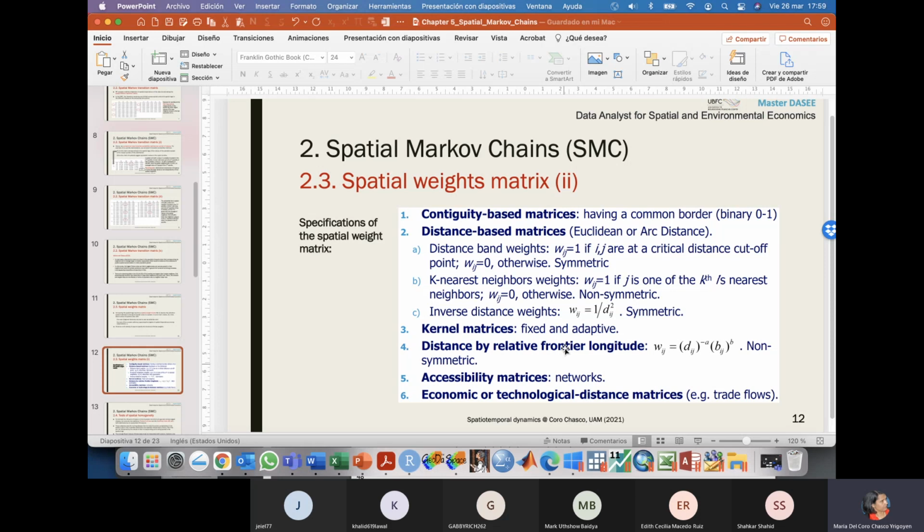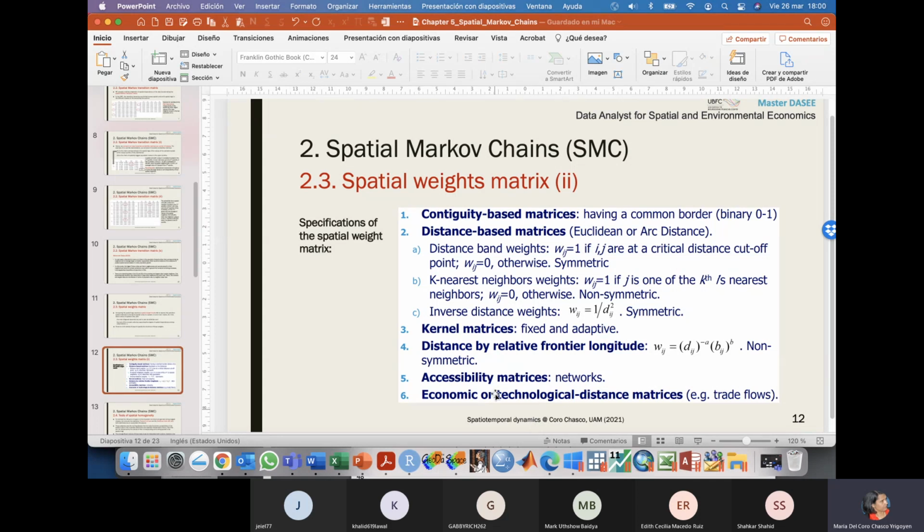As I say, perhaps you can share only a point with one province, but if a road or a railroad just crosses along this point, these provinces are going to be highly connected, even if they only share one point. So in economics, it is not the same. This is why in economics, we use this kind of accessibility matrices that are based on networks.